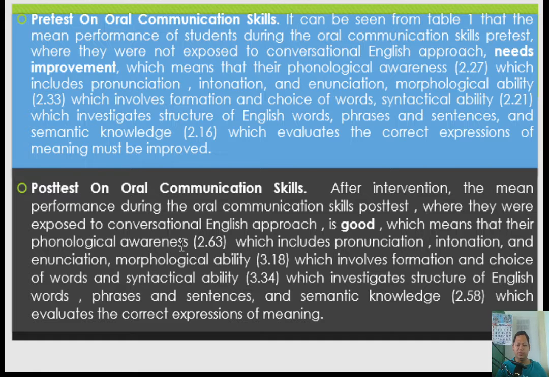And another for the post-test. After the intervention, the mean performance during the oral communication skills post-test, where they were exposed to conversational English approach, is good. Which means that their phonological awareness, which includes pronunciation, intonation, and enunciation, morphological ability, which involves formation and choice of words, and syntactical ability, which investigates structure of English words, phrases and sentences, and semantic knowledge, which evaluates the correct expression of meaning.